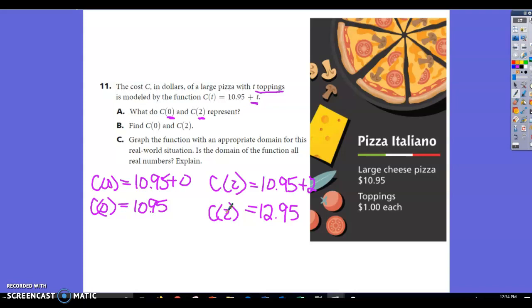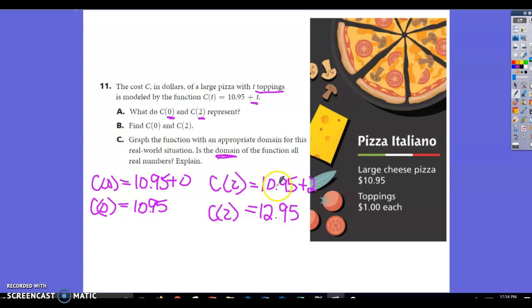We're going to look at graphs a little bit later, but it says graph the function with an appropriate domain for this real-world solution. Is the domain of a function all real numbers? So the main thing about the domain here is you can't have negative toppings. So you're going to have just points on the graph, and you're not going to have like a half a topping.